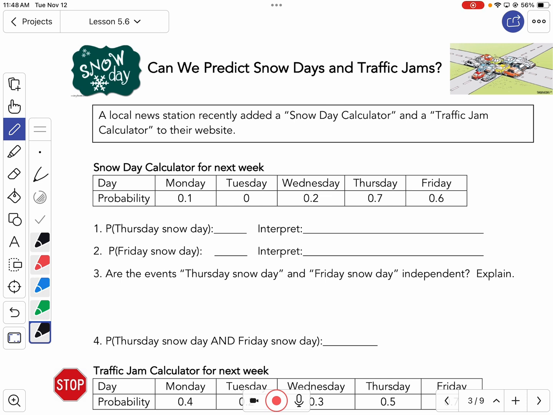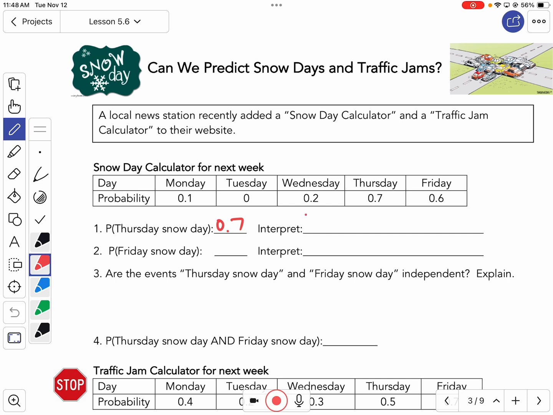So what they've given me up there is a snow day calculator. I want the probability that it's going to snow on Thursday. It's 0.7. It gives it to me right there in the chart. How could I interpret that? What does that mean? 70%.